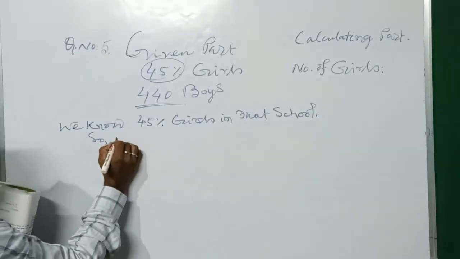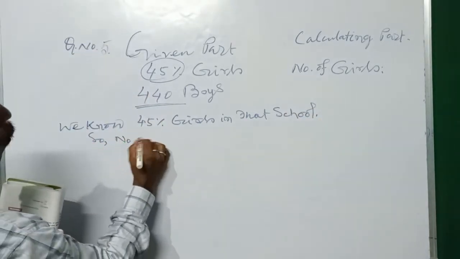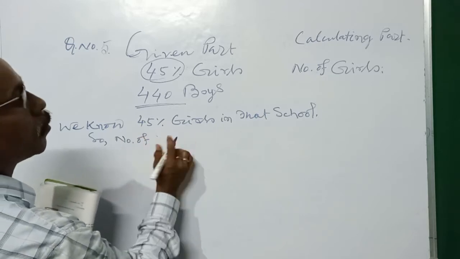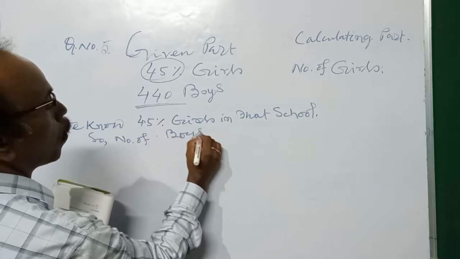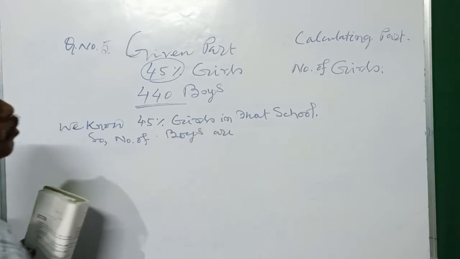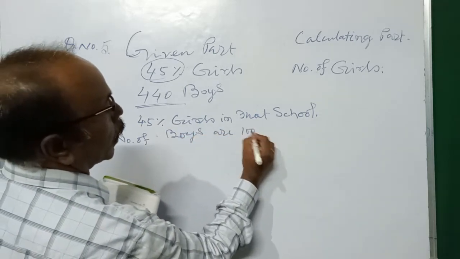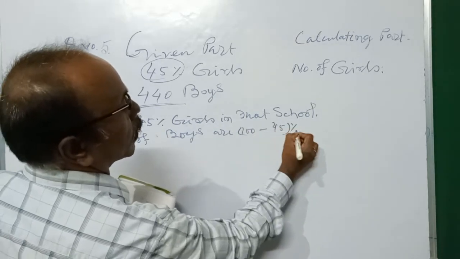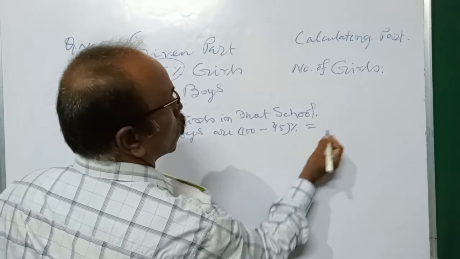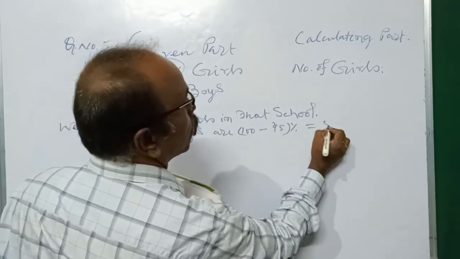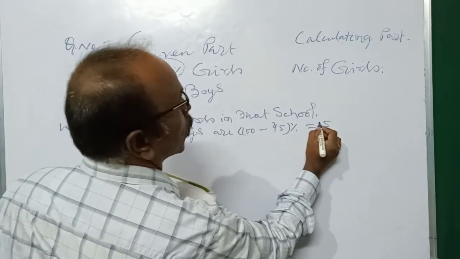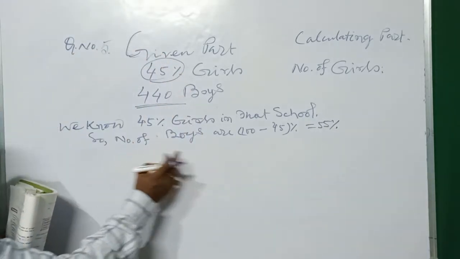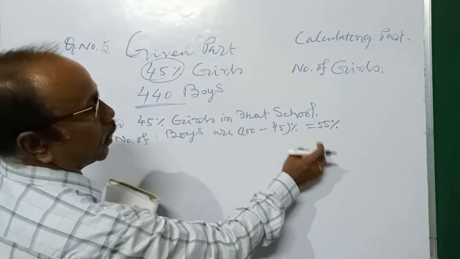So the percentage of boys is 100 minus 45%, which is equal to 55%. Am I clear? 55% are boys in that school.